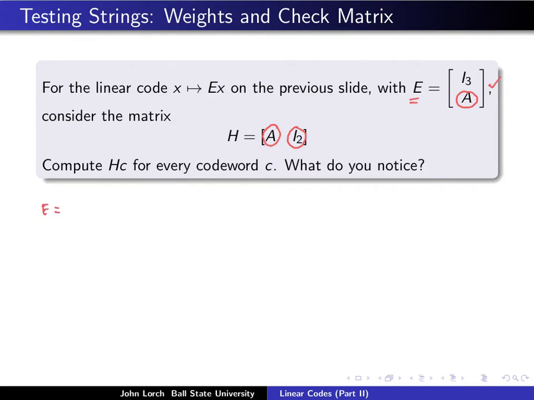Okay, so first of all, let's remind ourselves what E looked like from the previous slide. Remember that was a 3-dimensional code, meaning we had the identity matrix on top, and then down below, we had the matrix A that looked like this.